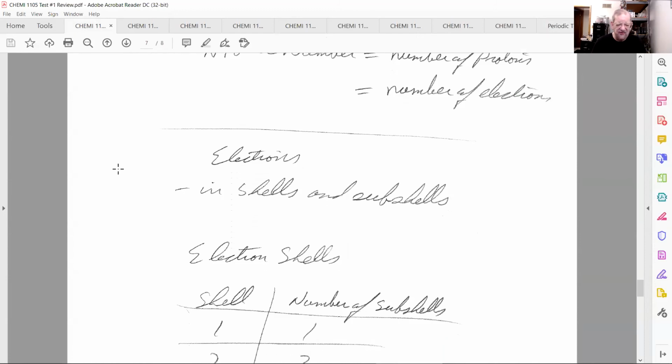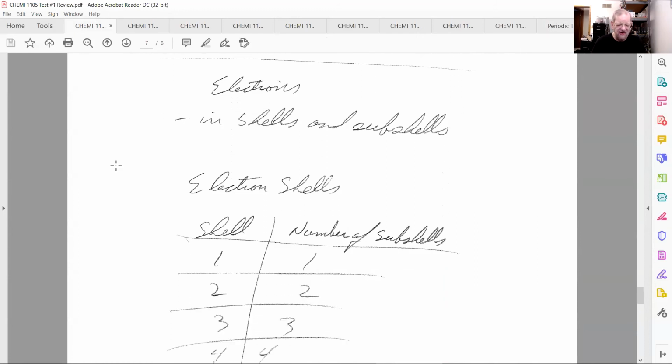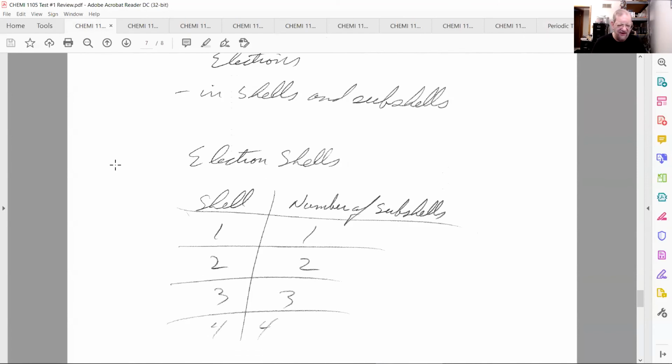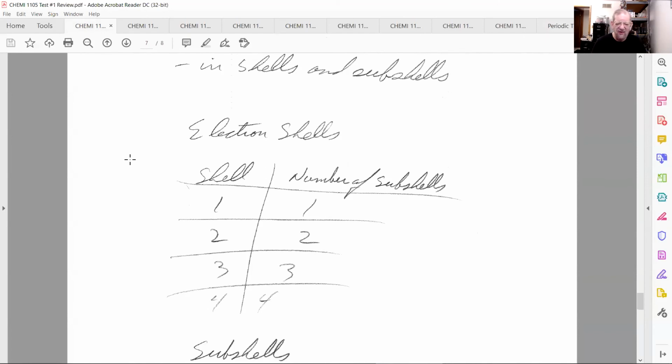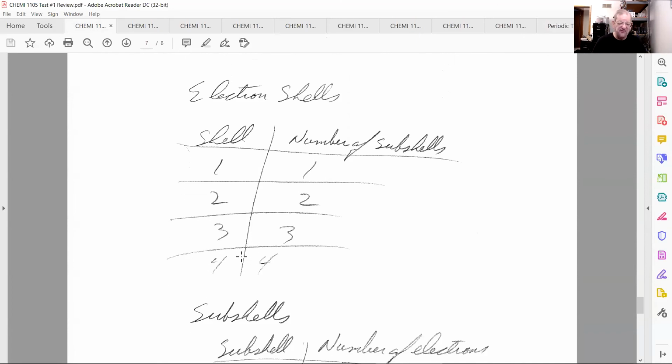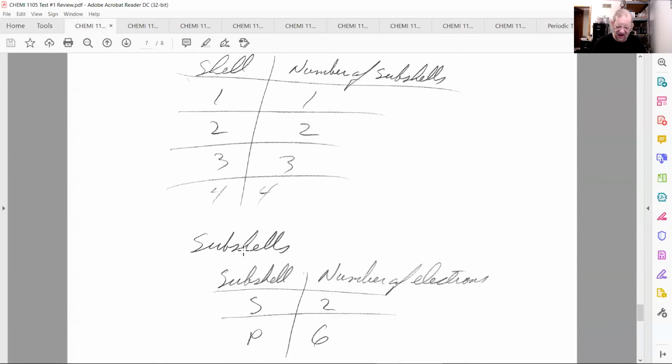They're in shells and subshells, and the shells have names 1, 2, 3, 4, and the subshells have 1, 2, 3, 4. The subshells are S, P, D, and F, but for my class, we only did S and P. S has 2 max electrons, and P has 6.